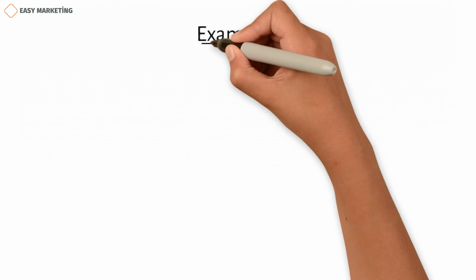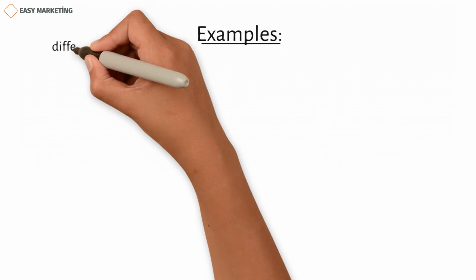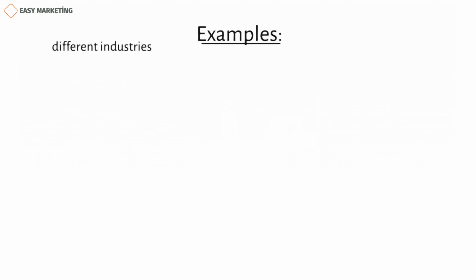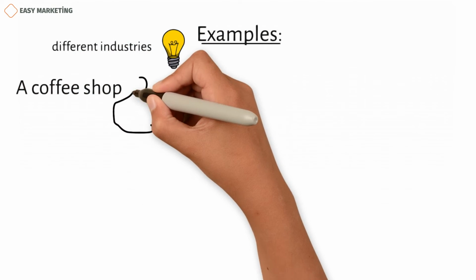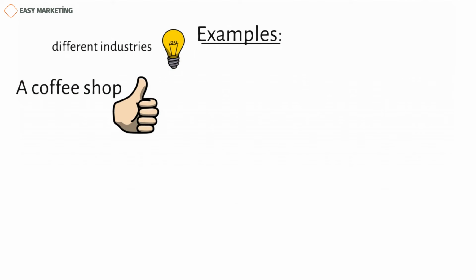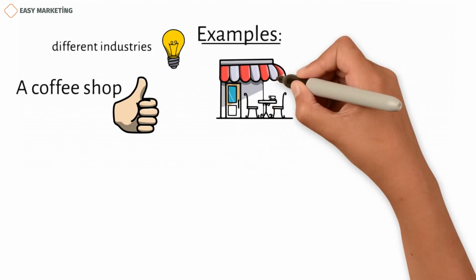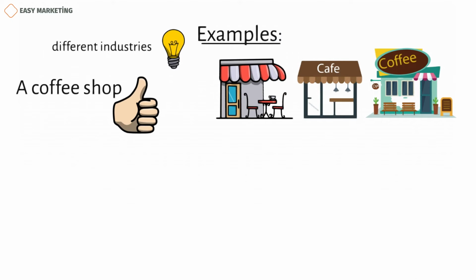Customer lifetime value, CLV. Some examples. The best way to understand CLV is through examples. Consider the following examples from 3 very different industries to get a better idea of how customer lifetime value may affect your business. A coffee shop. A coffee shop is a great first example of CLV because it is easy to understand even if you don't know much about business.